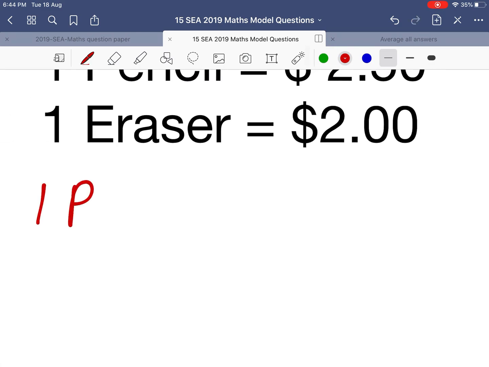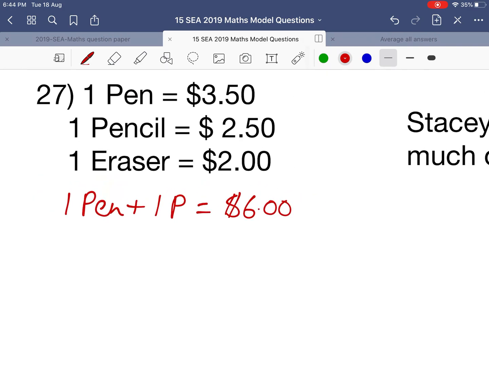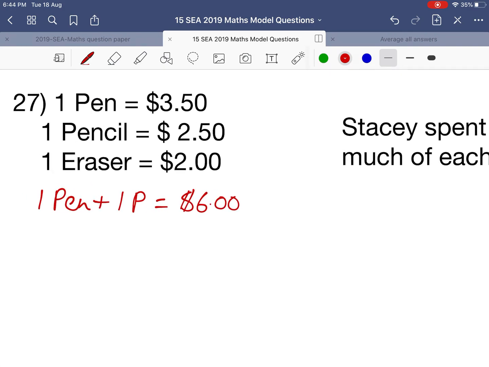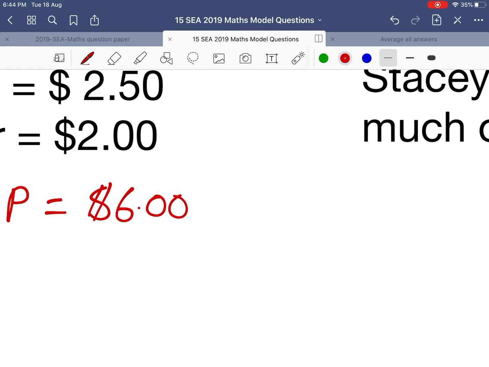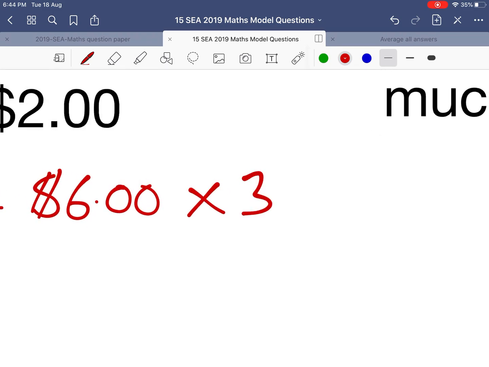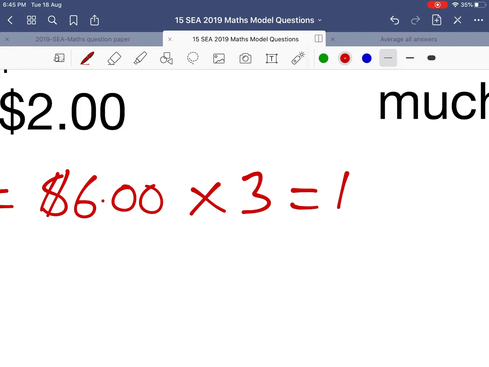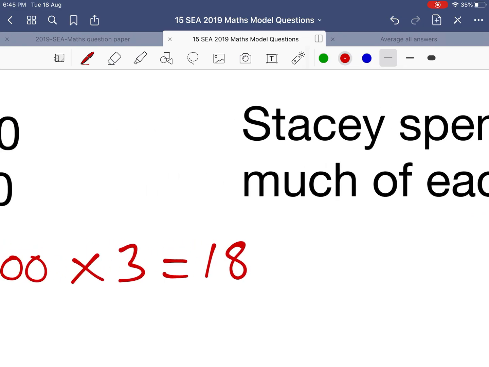So 1 pen plus 1 pencil will cost $6. So let's try, let's say 6 times 3. Most persons would get this by trial and error. 6 3s are 18. Now to get to 22, we still need $4.